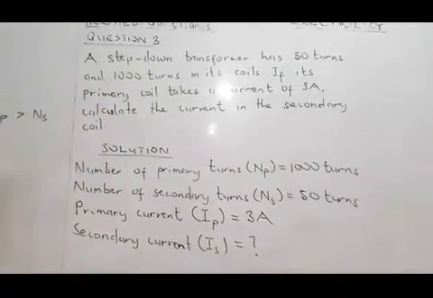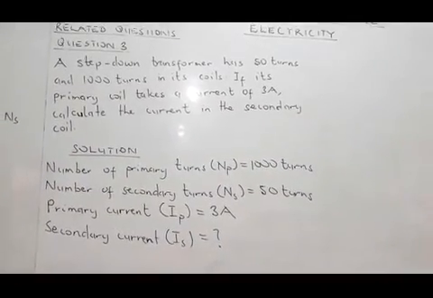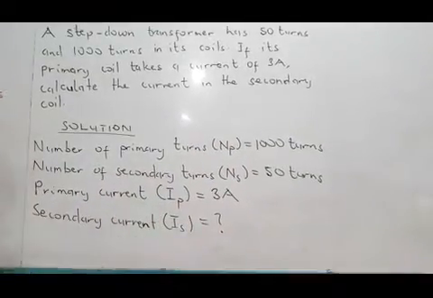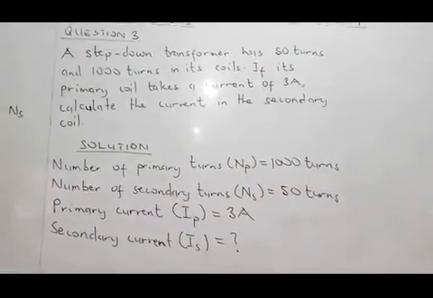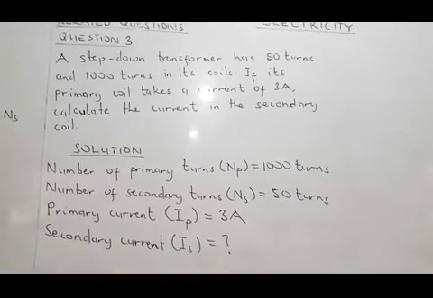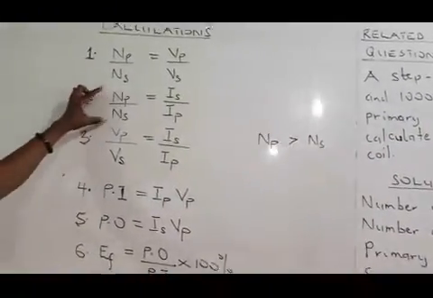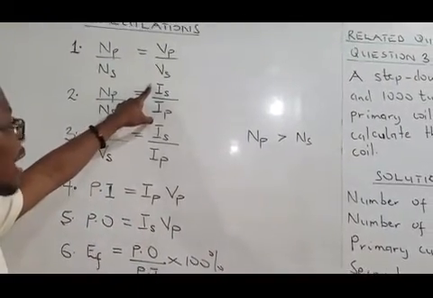So the 1,000 is the primary and the 50 is the secondary. So we have a question involving number of turns and the current. So you look for an equation that connects the number of turns to current, and that is equation 2.